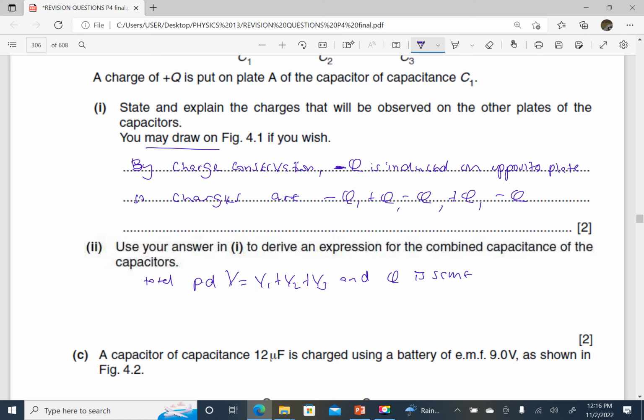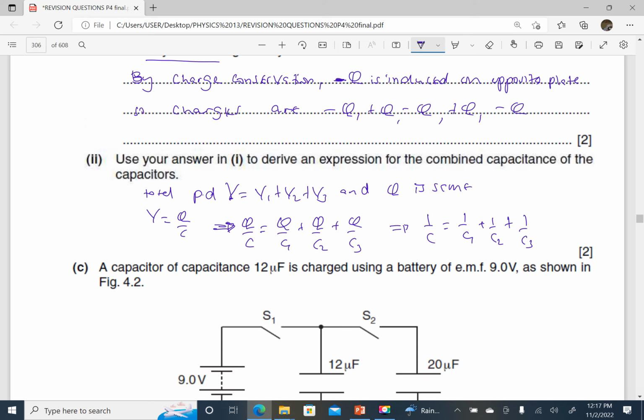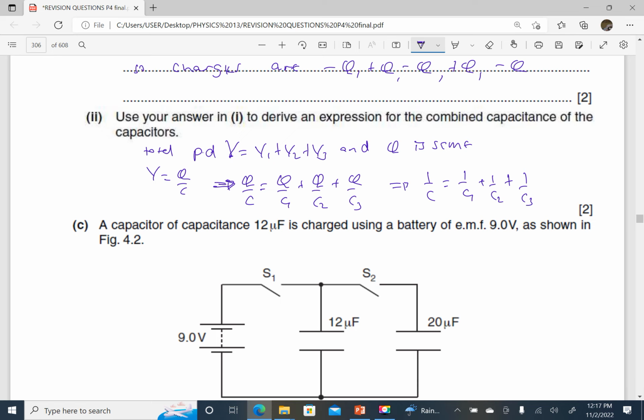We also know that V is equal to Q over C. So we now substitute, where there is V, we have Q over C. This will be Q over C1 plus Q over C2 plus Q over C3, which therefore means that 1 over C is going to be 1 over C1 plus 1 over C2 plus 1 over C3. That's what we shall have as the total capacitance, given by that expression.